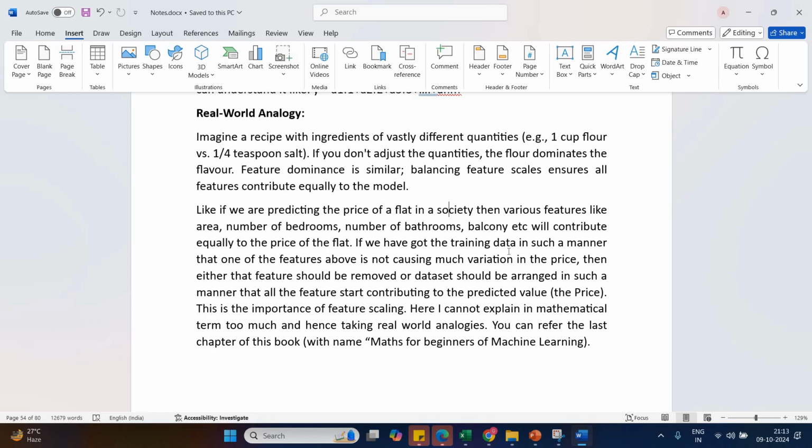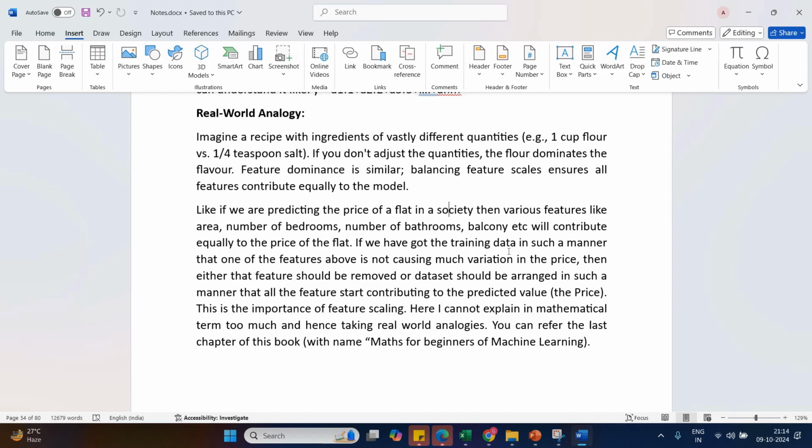So if we are able to see that the number of balconies is not playing a role in deciding the price of the flat, then you can understand that the balcony doesn't need to be taken into account while preparing a model to predict the price of a flat, right?